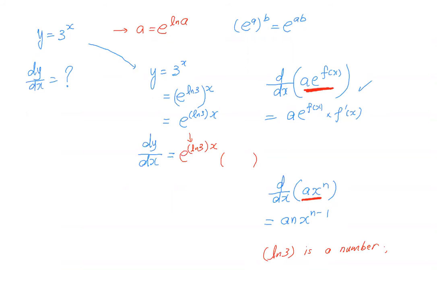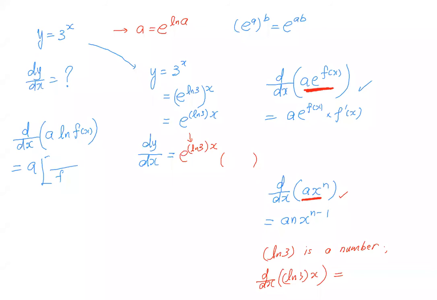So you are using this concept. If you differentiate ln 3 times x, what do you get? 1 over 3? Why 1 over 3? When you differentiate a ln fx, you get fx here and f prime x up here.